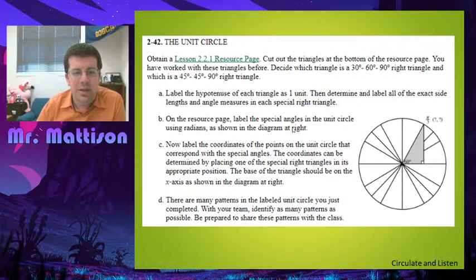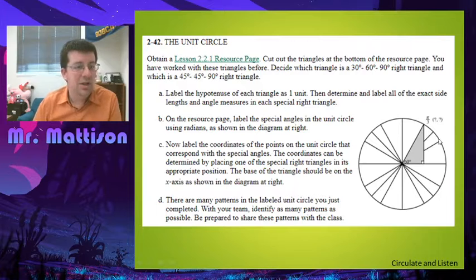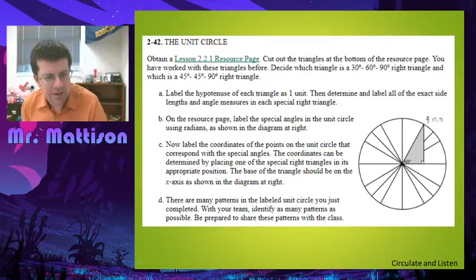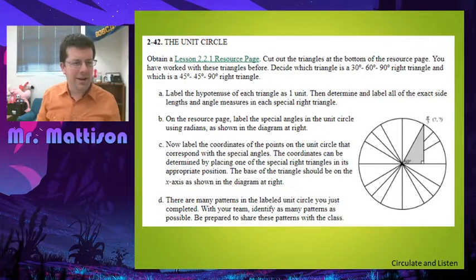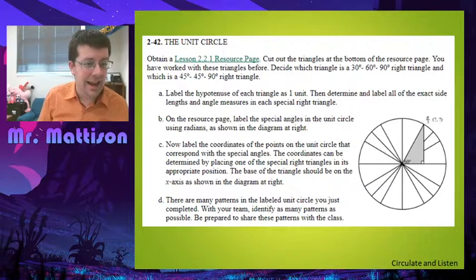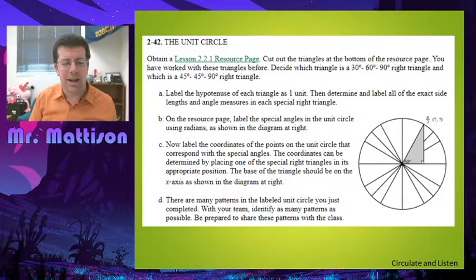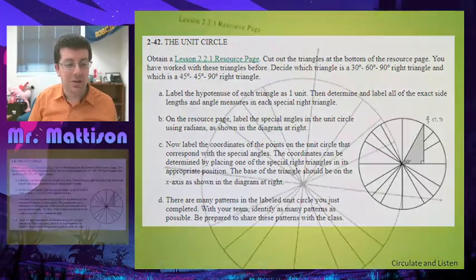Then we're going to label all of the angles on our unit circle, all of these in radians, and then find the x and y coordinates of each of these points using those special right triangles we just found. Keep an eye out for any patterns as we go through this. If you see the same numbers showing up, ask what pattern is causing that and why.